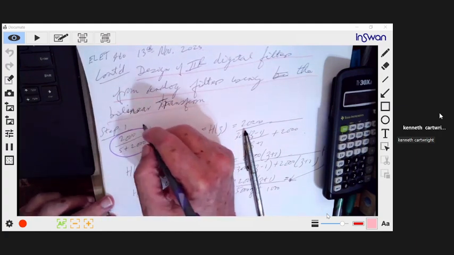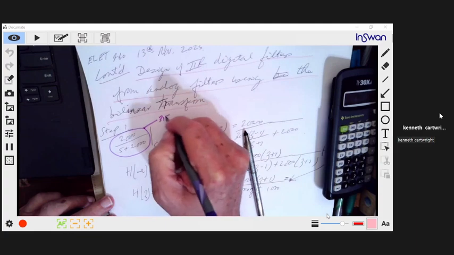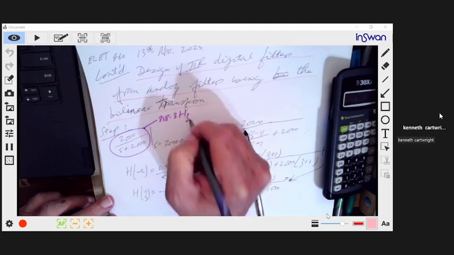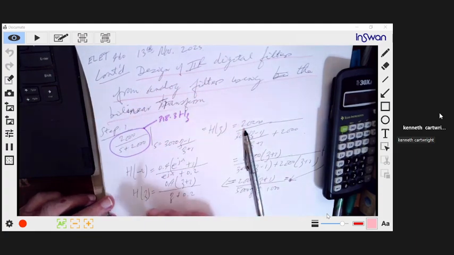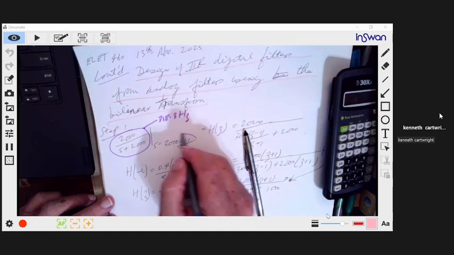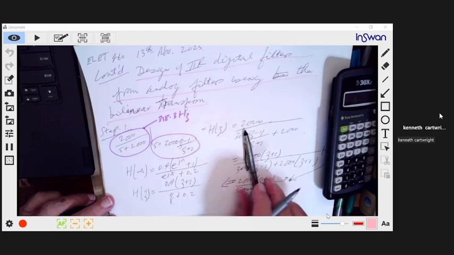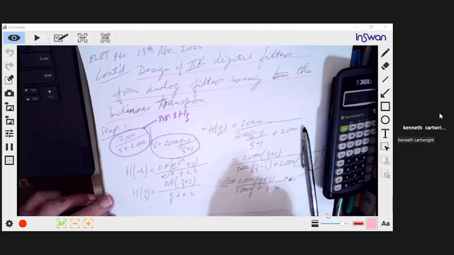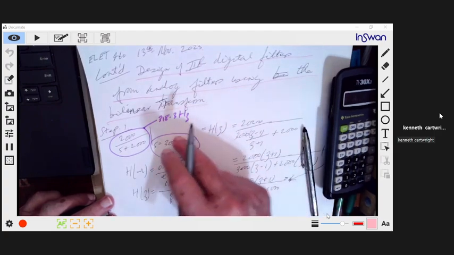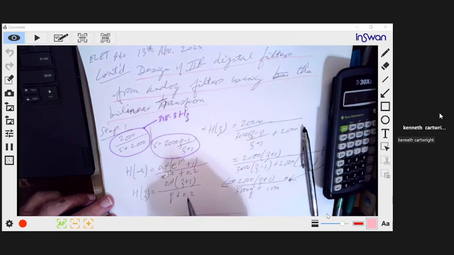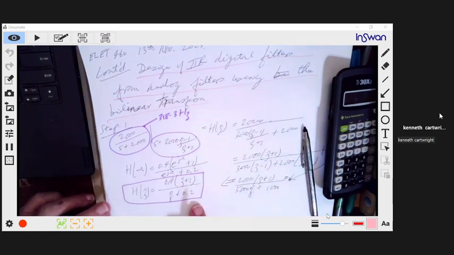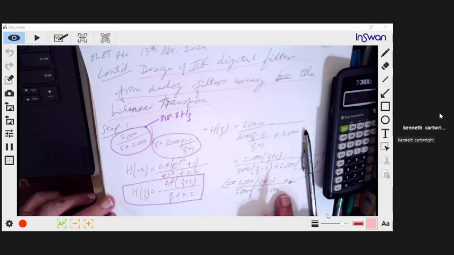This has a cutoff frequency of 318.3 hertz. So into that, we substitute our bilinear transform. There's our bilinear transform. We put it into that, and after doing all the math, we end up with our digital filter. You're supposed to have all this in your notes.